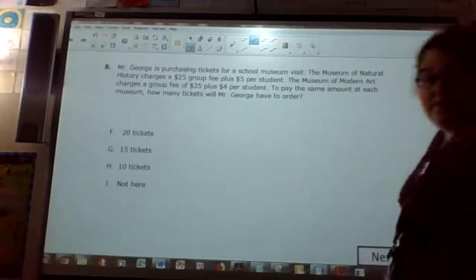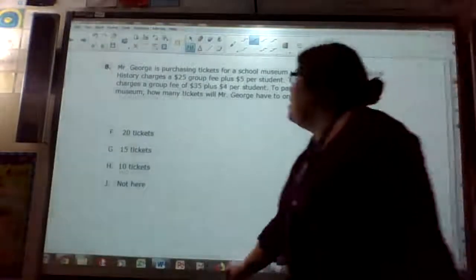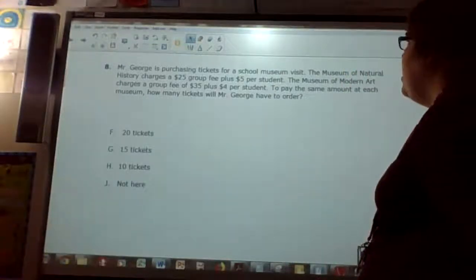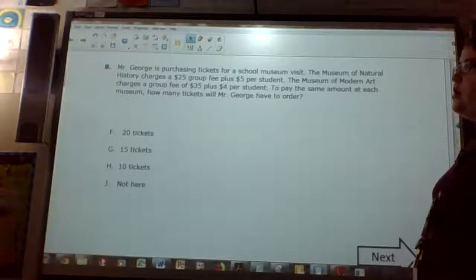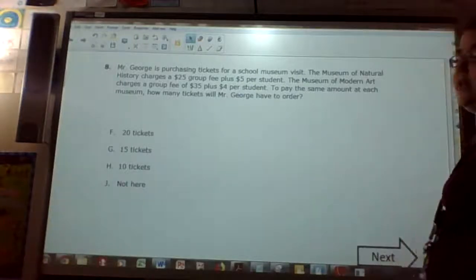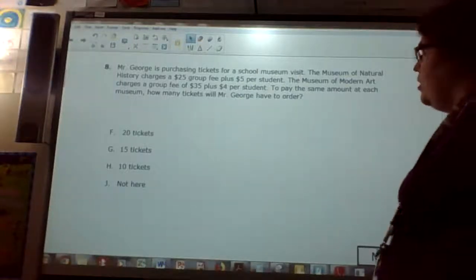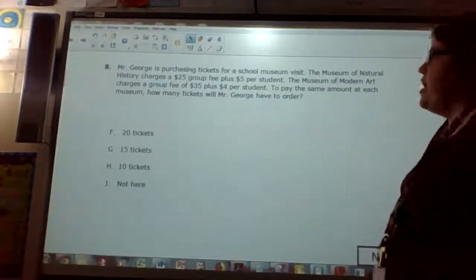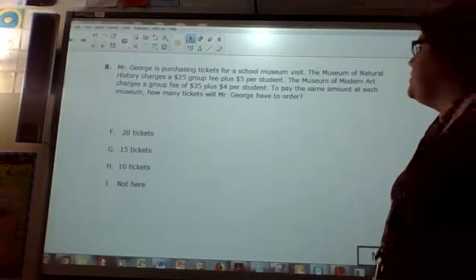Let's see. Number 8. Mr. George is purchasing tickets for a school museum visit. The Museum of Natural History charges a $25 group fee plus $5 per student. The Museum of Modern Art charges a group fee of $35 plus $4 per student.